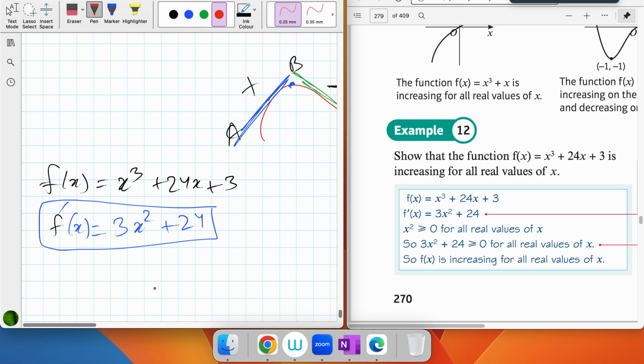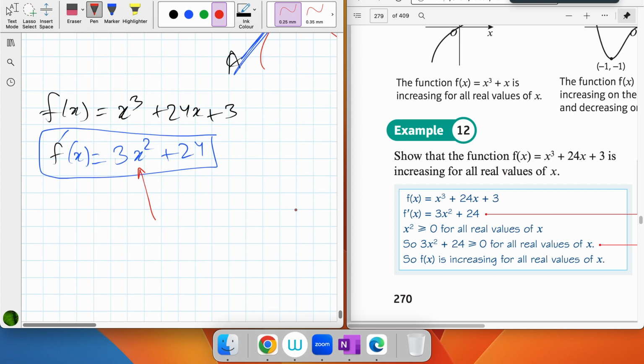So at any value of x, whatever we substitute here, will we get a positive or negative answer? 3 times something squared plus 24. Whatever you substitute in this x, what answer will you get, positive or negative?